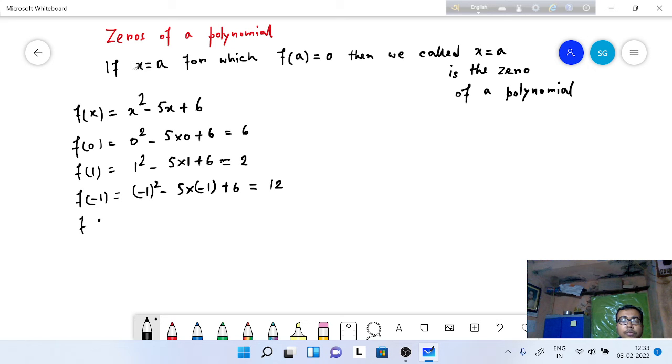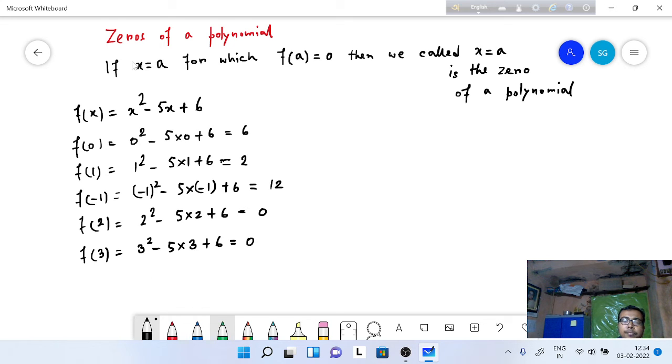If we put f of 2, that is 2 square minus 5 into 2 plus 6, this will become 0. f of 3, that is 3 square minus 5 into 3 plus 6, is also 0.